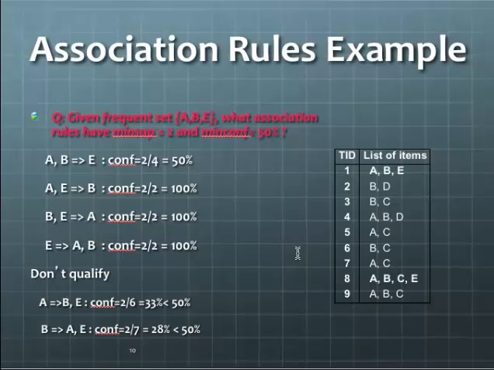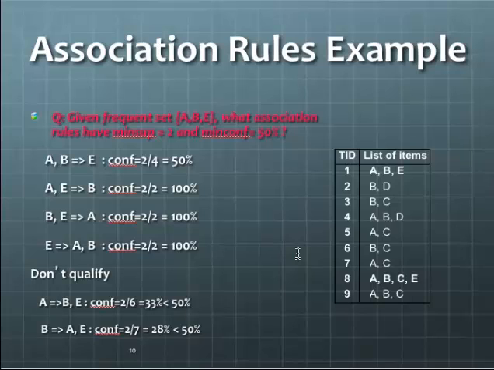So if an item set is frequent, then all the rules generated from this item set are frequent. Also, we can infer that if an item set is frequent, its sub-item sets are also frequent.